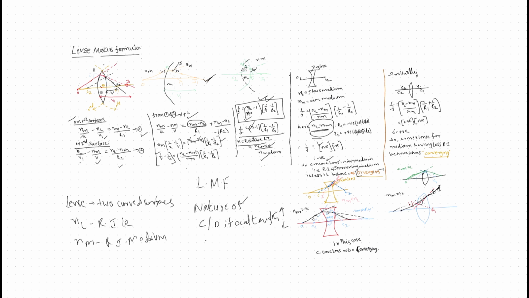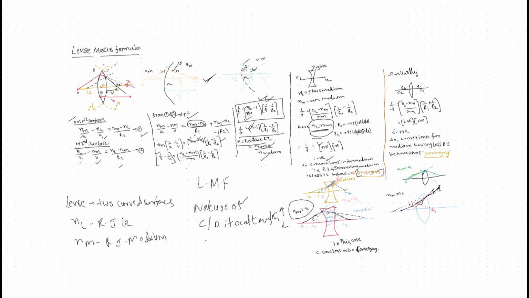Similarly, if the surrounding medium has more refractive index than the lens, how does refraction take place on the concave lens, and how will it be converging? I have shown in this figure. You can see the incident light. This is the extended path of the incident light, it has to go in this direction.